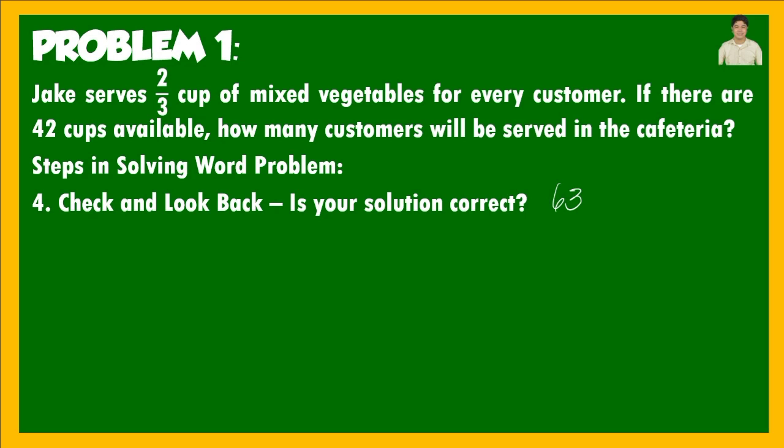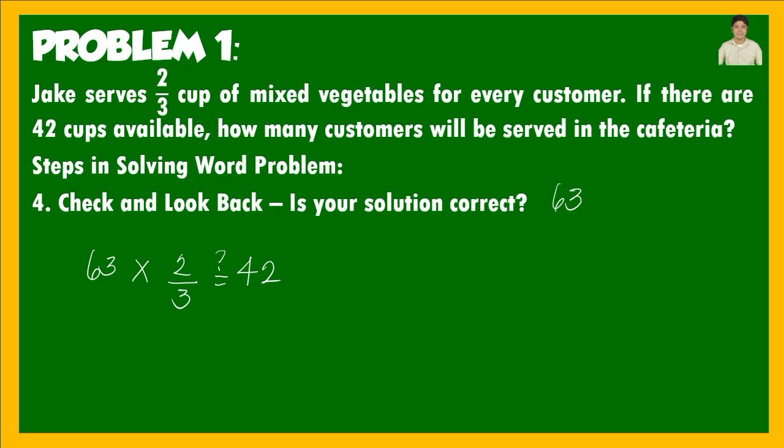Okay, pwede po natin siyang i-multiply sa 2/3. Ayan. So, ibig sabihin, kung 63 customers yon and kada customer is 2/3, malalaman natin kung ilan cups, yung total number of cups na available. So, 63 times 2/3 is equal to 42.